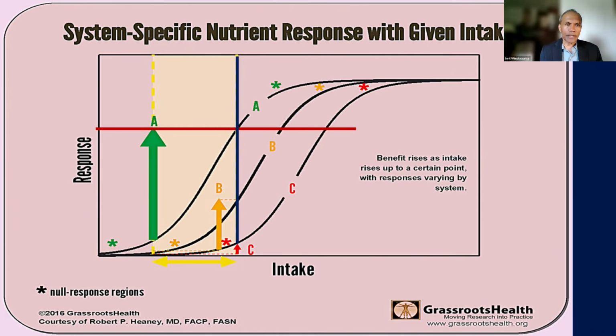So let me show you two slides. This is from the grassroots work by Professor Heaney in 2014. It's a fantastic slide showing the response rate on the y-axis and the intake or serum level of 25-hydroxy-D. You can take either one here. When you look at the musculoskeletal disorders, a certain level will produce better results.